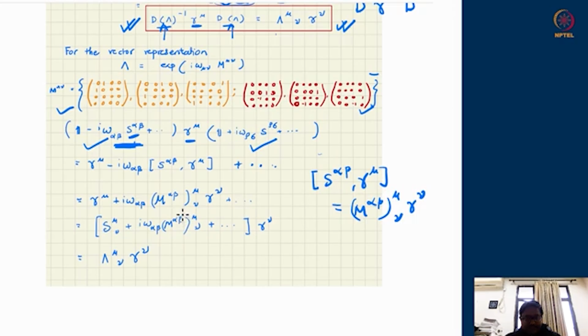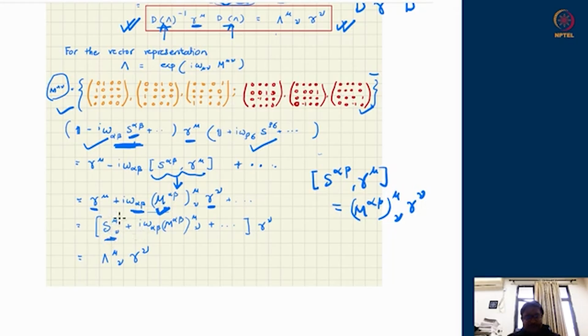But if this is the case, I can replace the commutator appearing over here by the M alpha beta. Now this M alpha beta is the vector representation 4 cross 4 dimensional matrix. And therefore you can see that the first term was a gamma mu, the second term now is the same parameter but with the M matrix now and the gamma nu.